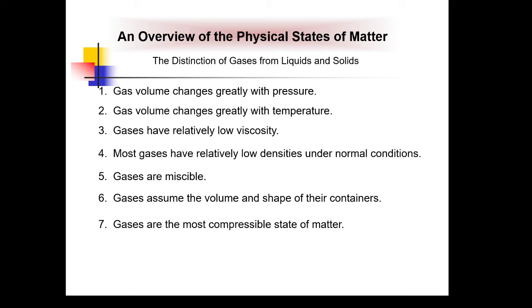Low densities under normal conditions. Miscible, that's a fancy word, meaning they'll act like they're the only ones in the container, and they will mix no matter the ratio. Okay, so miscible means mixing no matter the ratio, and it's due to the fact that they could stretch out the way they do. They'll take the volume and the shape of their container, and they're the most compressible.